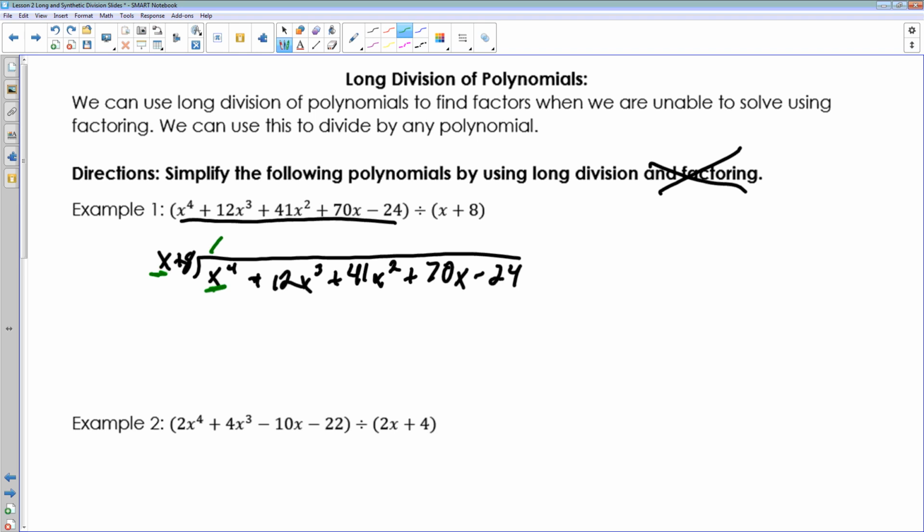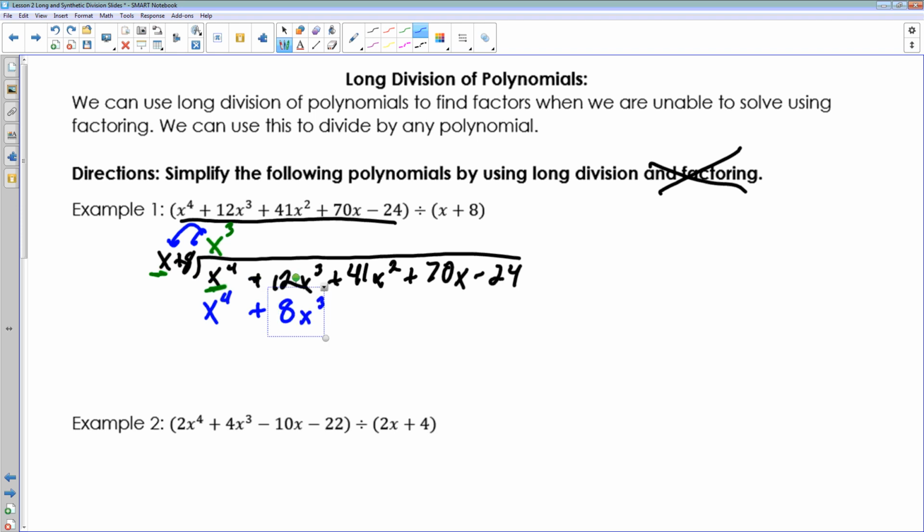We can multiply x by x cubed and get x to the fourth. So that's how many times x can go in. Now that we've figured that out, we are going to multiply. So x cubed times x gets me x to the fourth, and x cubed times 8 gets me 8x cubed.